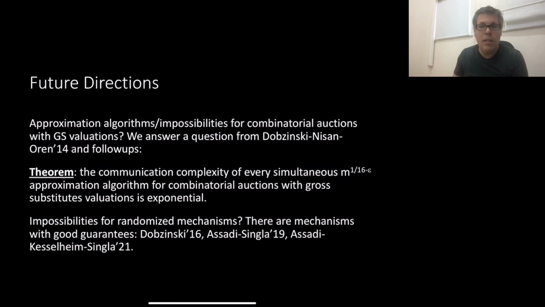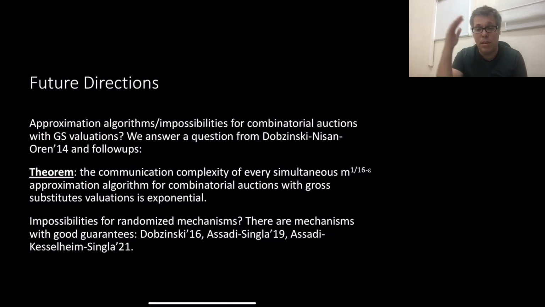Okay, let me quickly summarize what we have with some open questions. So for exact welfare maximization, we prove that you need an exponential blow up in the communication for multi-unit auctions and for gross substitute valuations. For multi-unit auctions, we know that to get the 1 plus epsilon approximation, you don't need an exponential blow up.